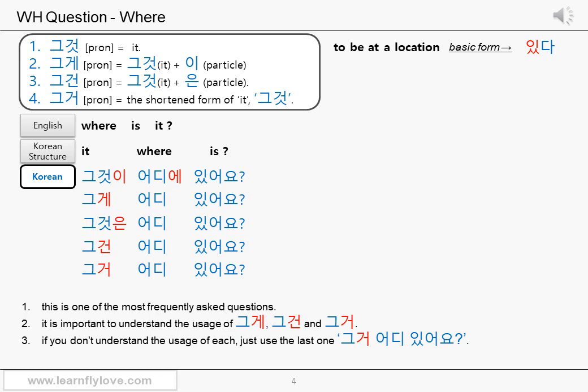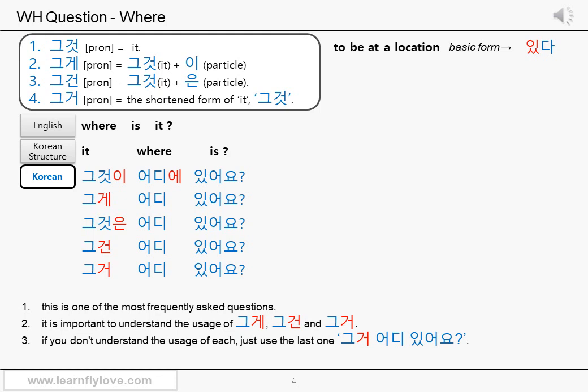First of all, it doesn't contain any particle, as 그게 or 그건 does. 그게 is the shortened form of 그것이. 그건 is the shortened form of 그것은. 그거 is the shortened form of 그것.